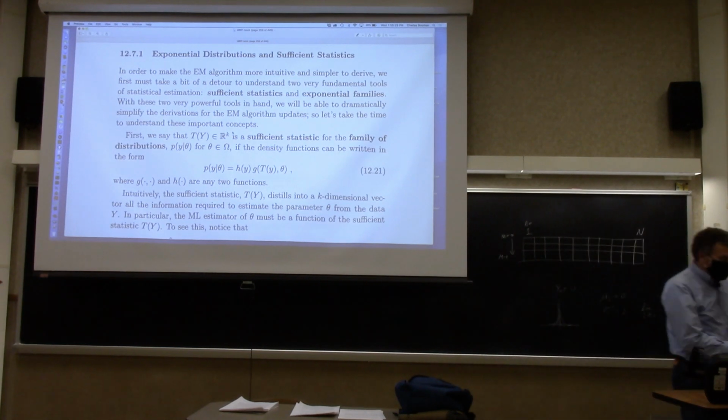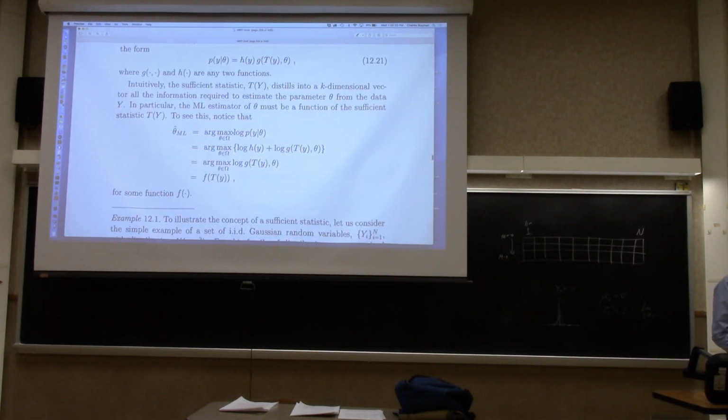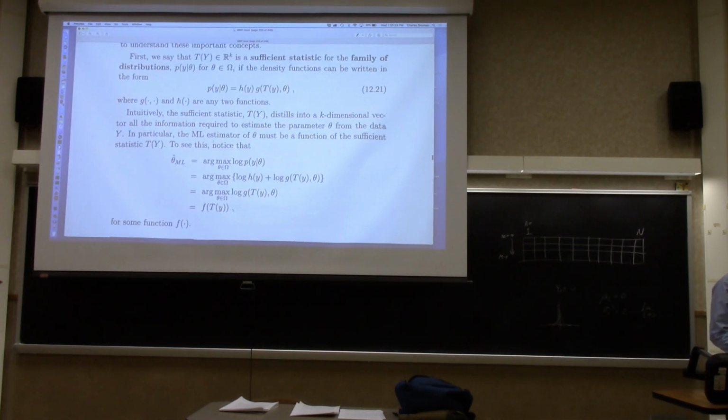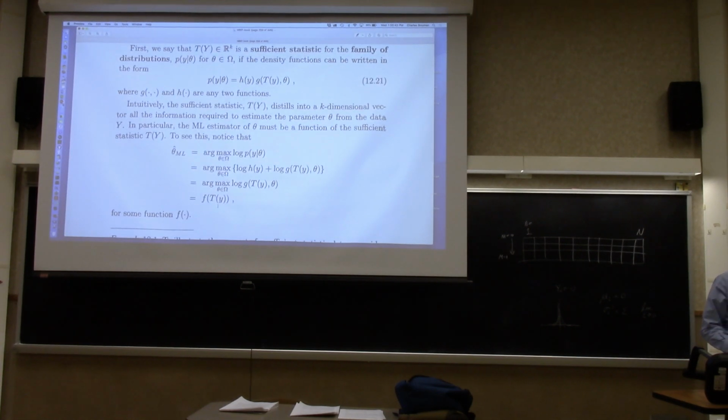Now, a special case of a sufficient statistic, and this is just a simple little proof, says that the maximum likelihood estimate in particular can be written as a function of the sufficient statistic.